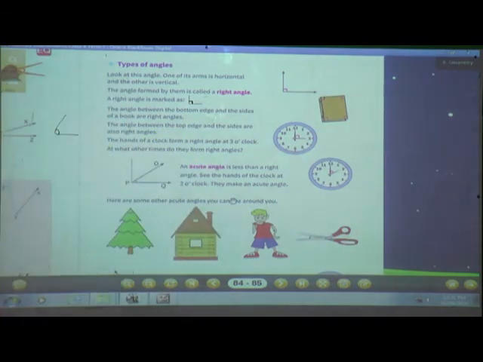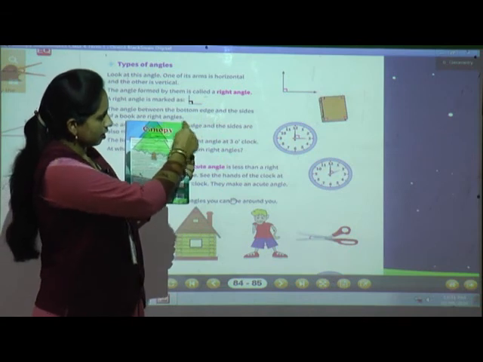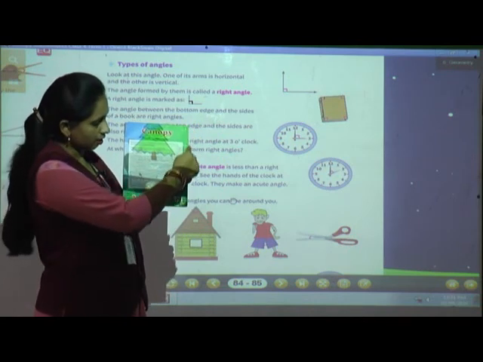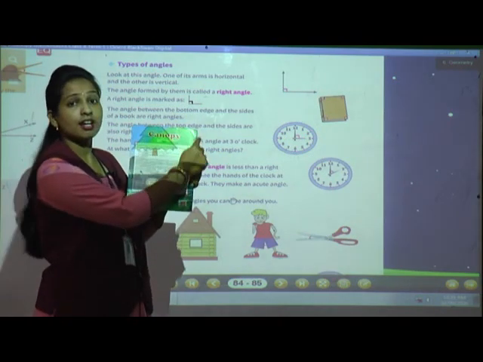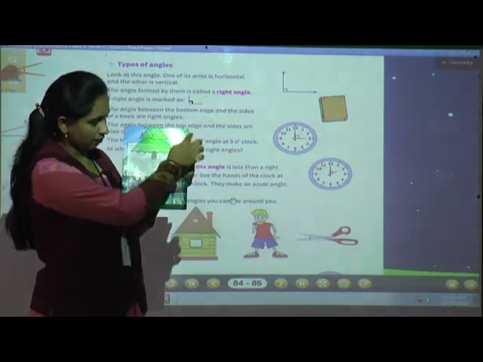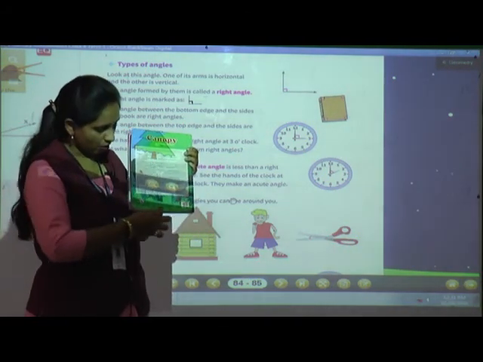So they had given the example of a book, isn't it? Now observe this book. Observe the cover. See, one horizontal, one vertical. So here we can form one angle. This is a right angle. Now here one more angle is there. See, vertical, horizontal.